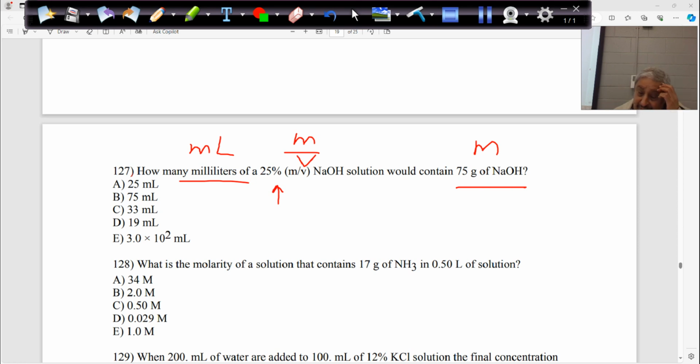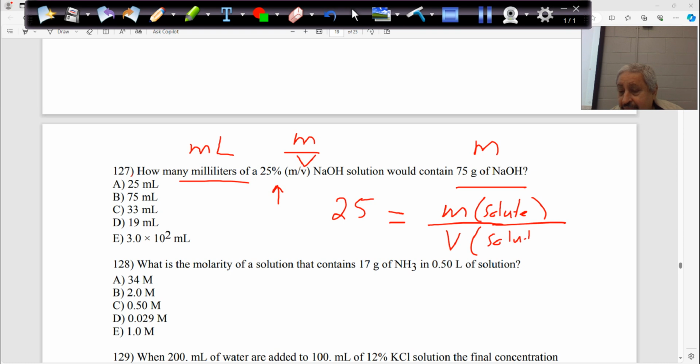So what I have to set up is the 25%, equal to the definition. The mass over volume percentage is the mass of the solute, which is sodium hydroxide, over the volume of the solution, and the whole thing multiplied by 100. That's your percentage.